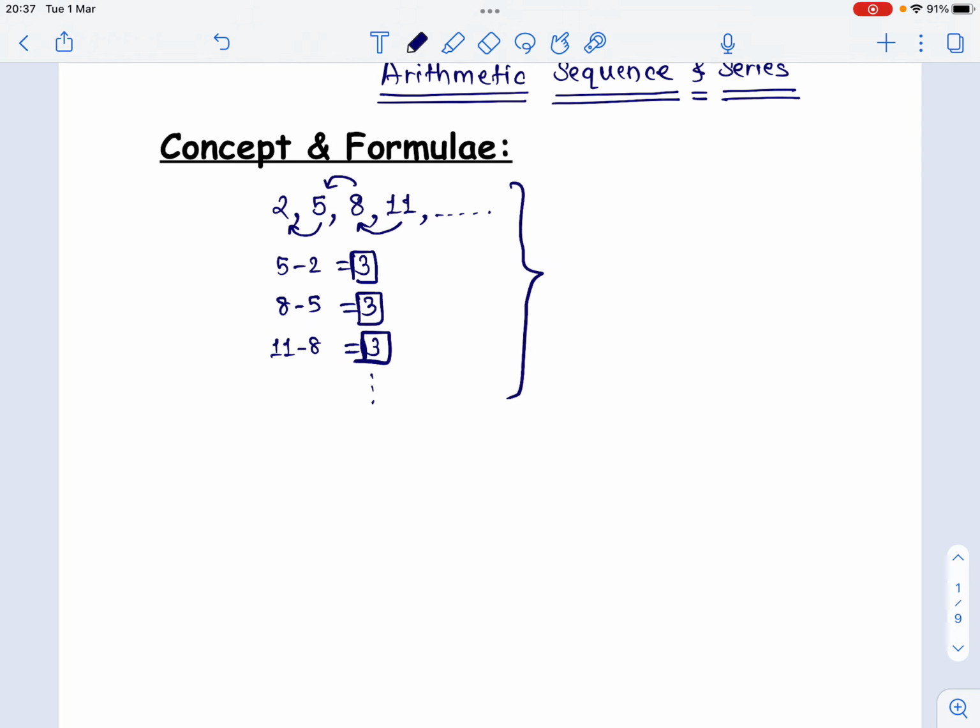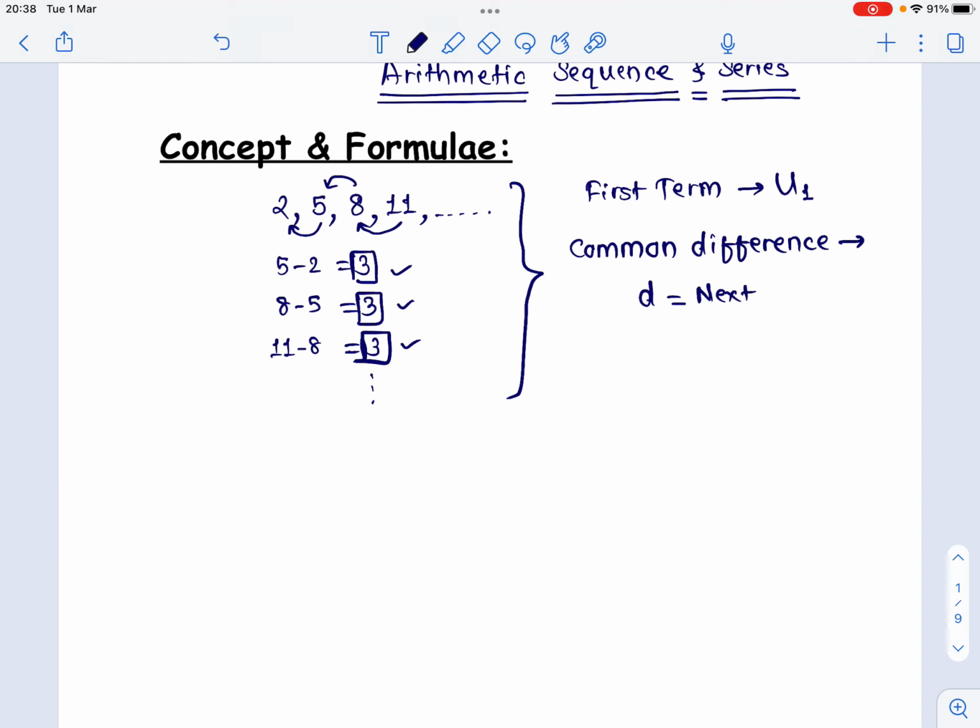So how do we define the arithmetic sequence? What are the terms they use? The first term in an arithmetic sequence is denoted by u1. As you see, every difference is a constant, which is the common difference, denoted by small d, which is next term minus previous term.